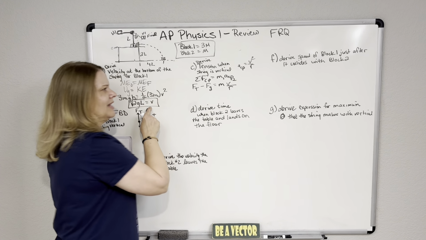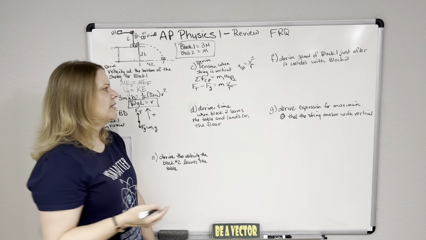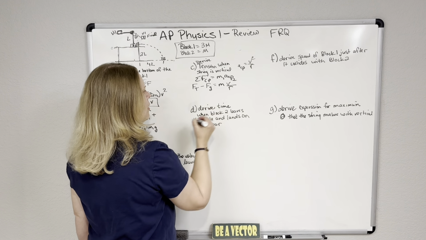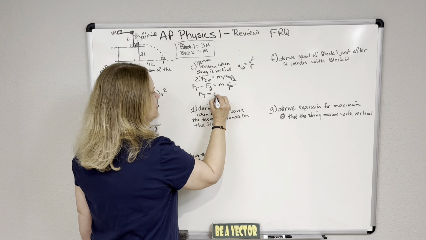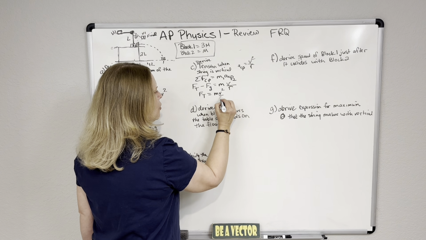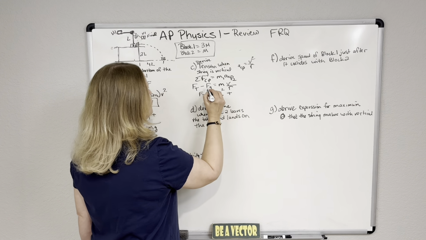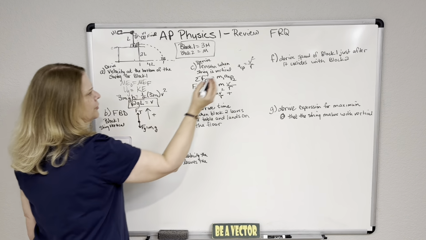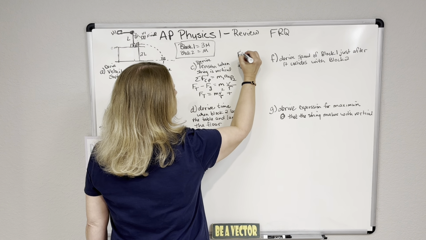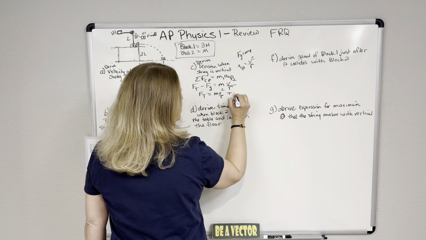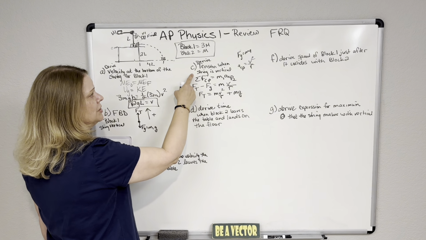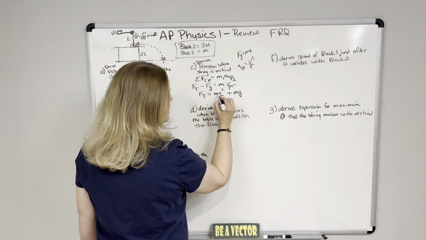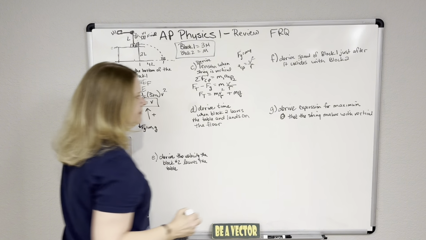I bet I can use that in this. So I'm going to go ahead and sub in v squared over r. Okay, my force tension is what I'm looking for. So that's going to be mv squared over r plus, and for force due to gravity, remember, force due to gravity, I'll put it over here, is always mg. So I'm going to put mg. And by the way, this is the tension in that block 1. So that's block 1, block 1.